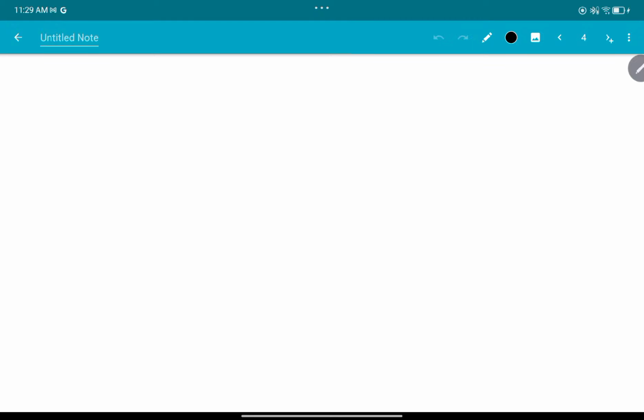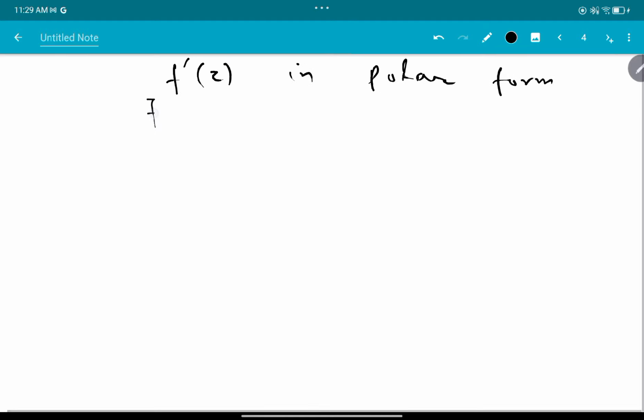So the situation is like this. We want f dash z in polar form. For that matter, we will begin with this simple equation that f(z) is equal to u plus iv.